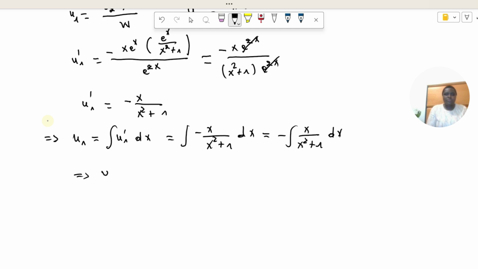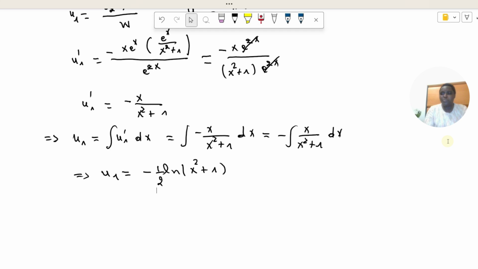This implies that u1 is equal to minus ln of the absolute value of x squared plus 1, over 2, because when we differentiate x squared plus 1, we should have had 2 here, but since 2 is not there, we have to divide by it here. All right, so this is u1, and what is u2?